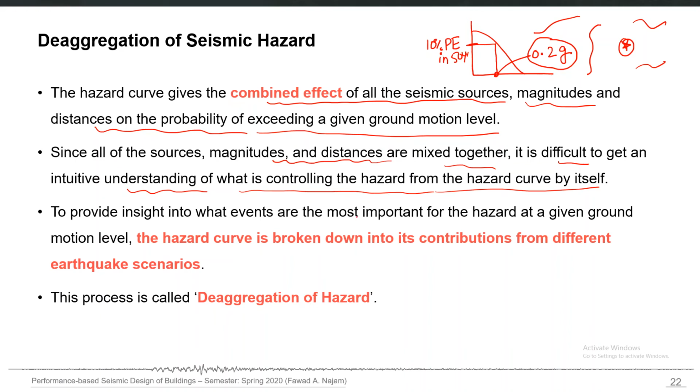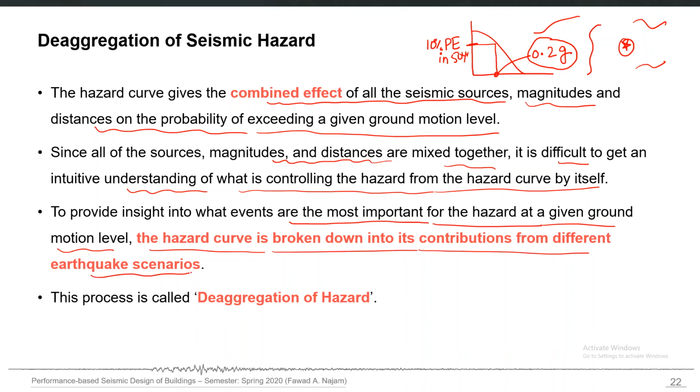So if you want an insight into what events are the most important for the hazard at a given ground motion level, the hazard curve is broken down into its contributions from different earthquake scenarios. Because this 0.2 g is a result of many earthquake scenarios, for example magnitude 6 at this distance, magnitude 7 at this distance, similarly magnitude 5 at this distance. All of these scenarios are combined in a probabilistic framework to calculate this 0.2 g as part of the PSHA process.